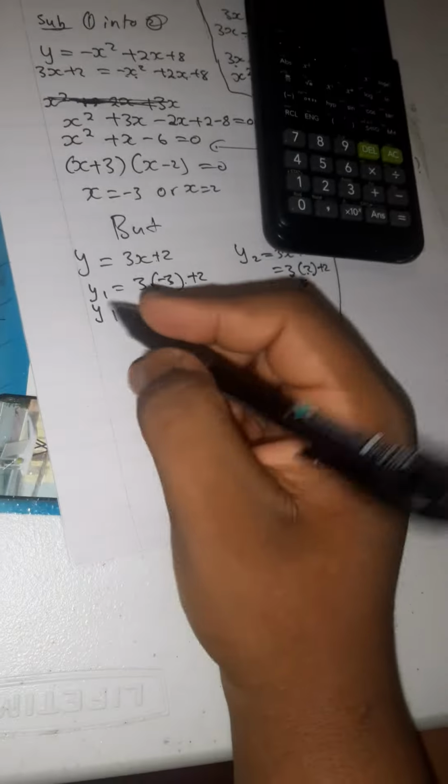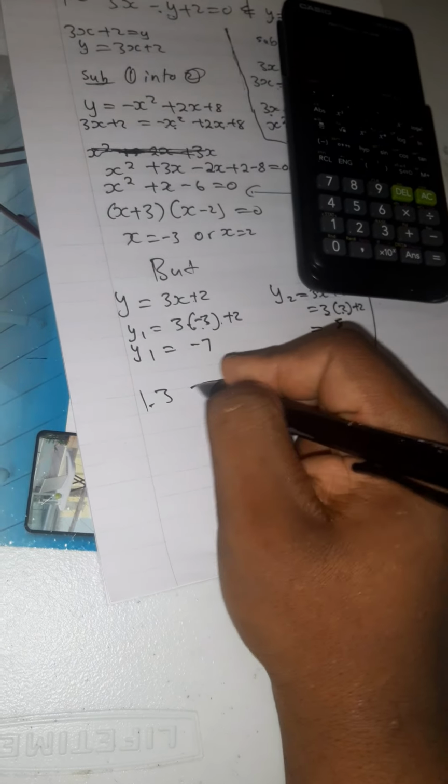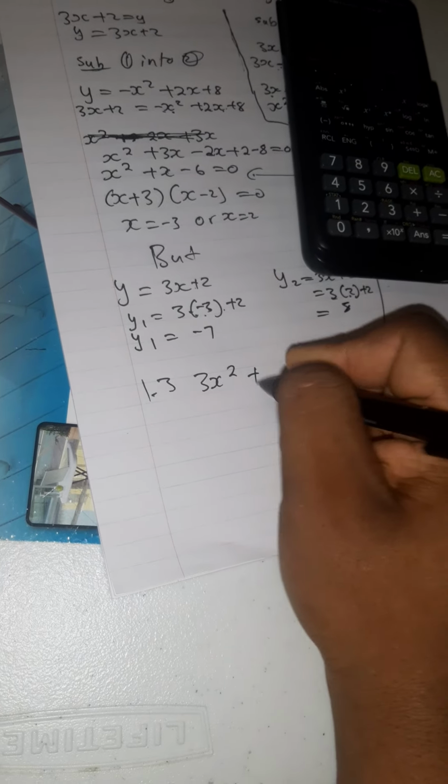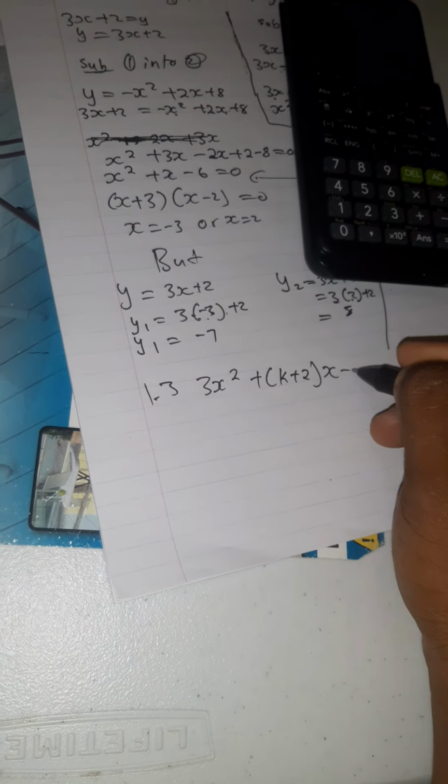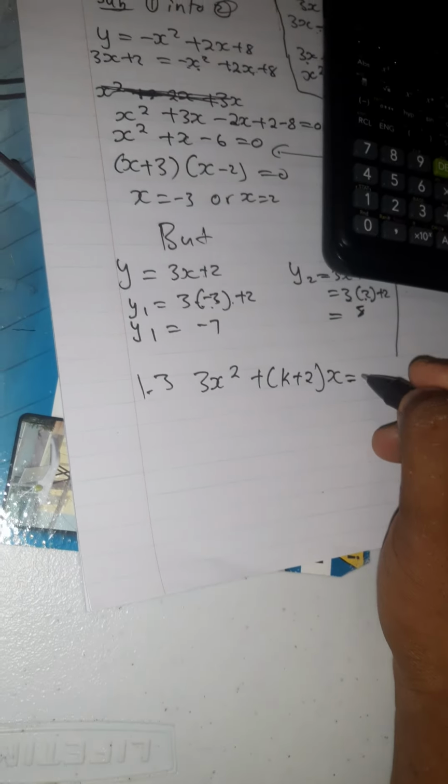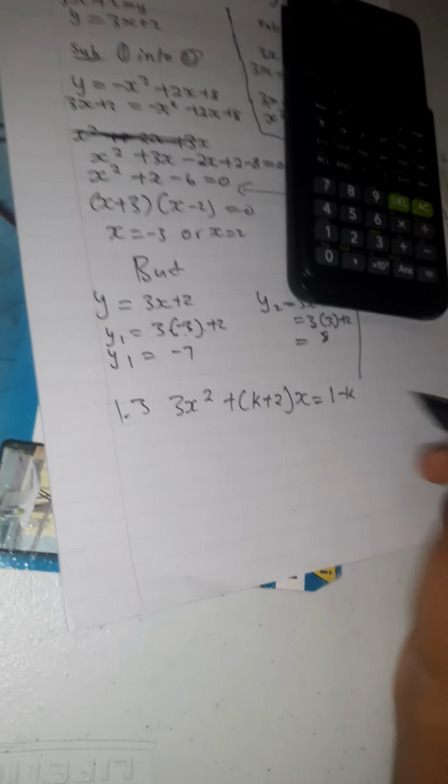Nature of roots. Show that the roots of 3x² + (k + 2)x = 1 - k are real and rational for all values of k. So now we have 3x² + (k + 2)x - x = 1 - k.